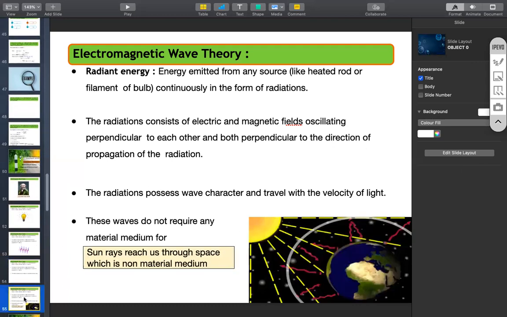So radiation possesses a wave character and travels with a velocity of light. Understood? These waves do not require any material medium. How can you prove? Because we get the sun rays.